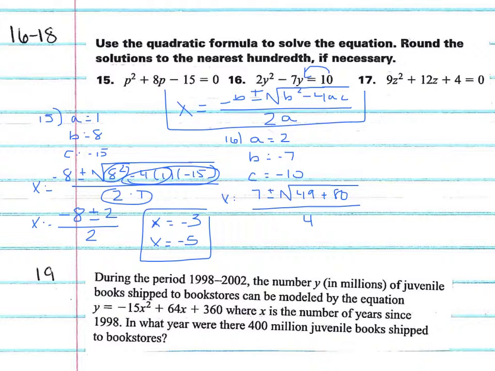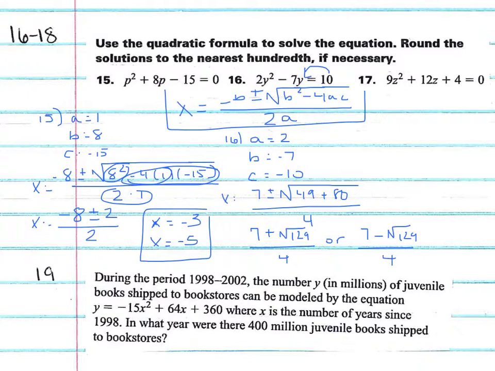So then I look at, under the square root symbols, 49 plus 80 gives you 129. So you're going to have 7 plus the square root of 129, all of that divided by 4, or 7 minus the square root of 129, all of that divided by 4.